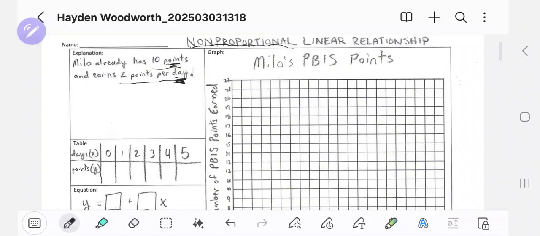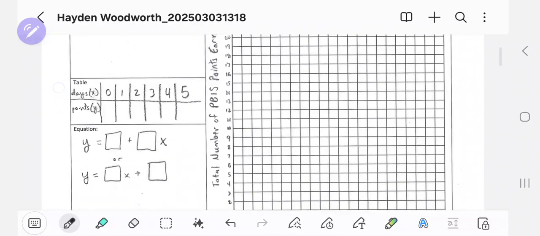But here, seems like at 0 days, he already has 10 points. So we're going to see how this is different, and the differences start quickly. So at 0 days, up 10. So there's no origin in this case, is there? We're not going through the origin anymore.